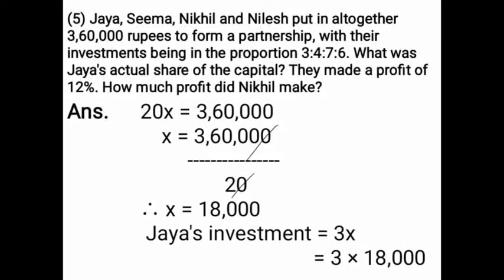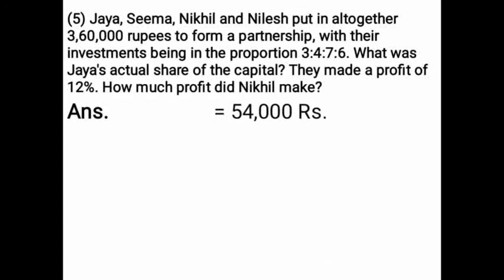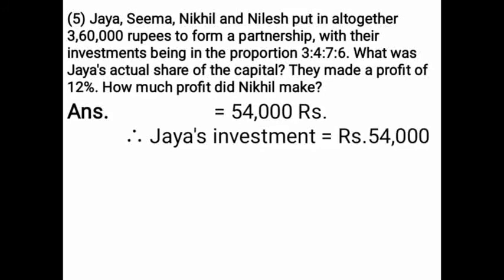Now multiply this 18,000 into 3. I am getting 54,000. That is equal to 54,000 rupees. Therefore, Jaya's investment is equal to rupees 54,000.